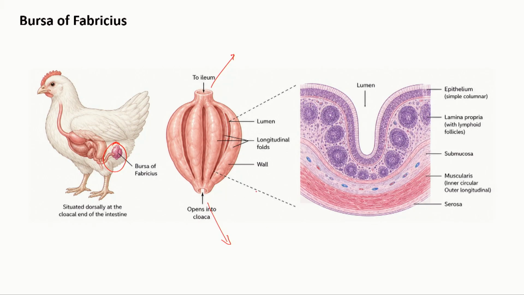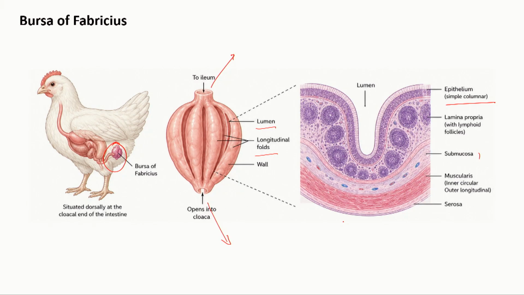Essentially these have a very thick lining with a lumen, and a lot of folds are present. If we take a cross section, we see columnar epithelium. We also have a lamina propria, submucosa, muscularis mucosa, and then a serosa lining, as in any organ system.